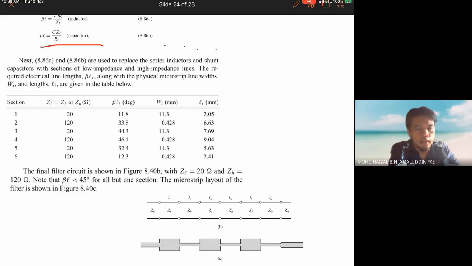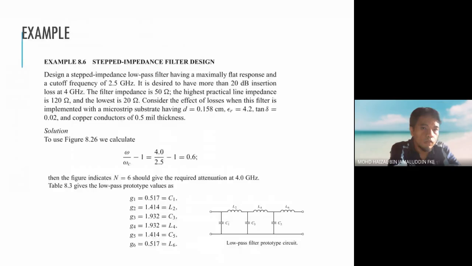In order to understand the design of the step impedance filter, let's look at an example taken from the microwave book. Design a step impedance low pass filter having a maximally flat response with a cutoff frequency of 2.5 gigahertz.